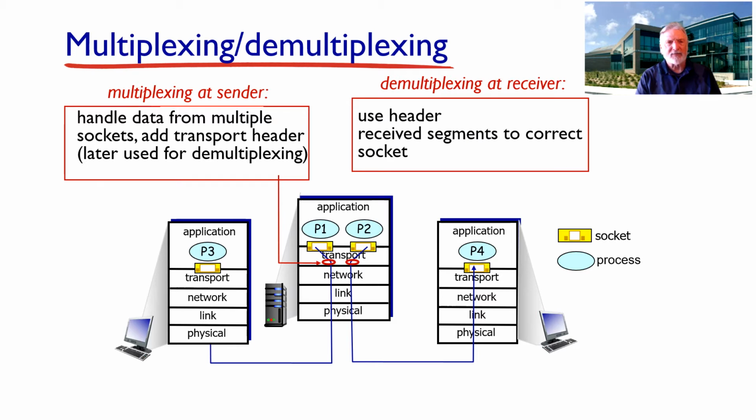Demultiplexing is the process of taking those received chunks or segments from the network layer, de-encapsulating them, and sending them to the application layer. To do this, the transport layer header includes a destination port number that identifies the destination application program on the remote machine and a source port number that identifies the application on the originating machine.